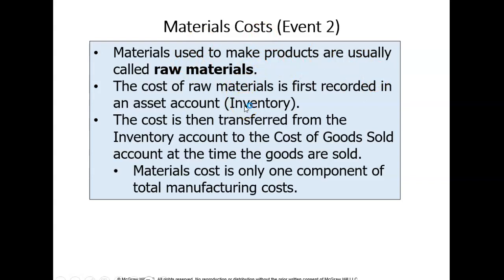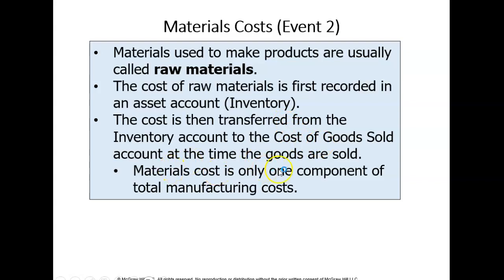So let me ask you this. What if you were trying to produce, again, those tables? You would need items like wood, which will probably be your main source of raw material. All right. Now, once we sell the goods, the cost is transferred from the inventory account to an expense account known as cost of goods sold.